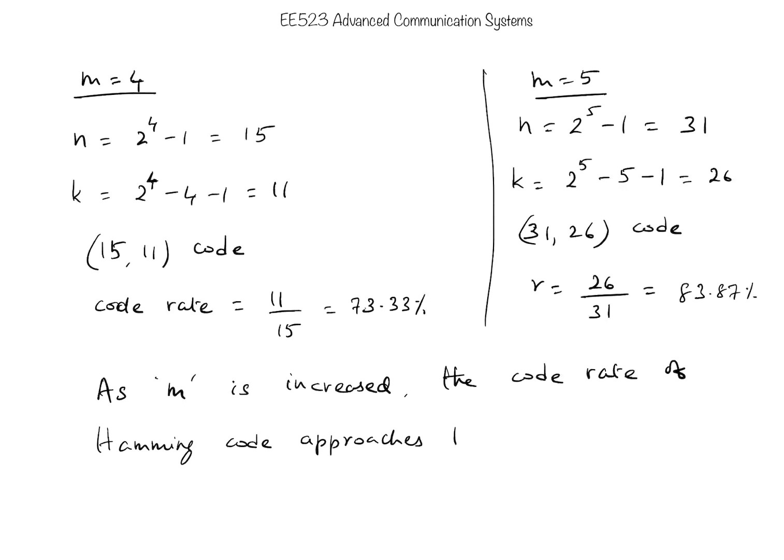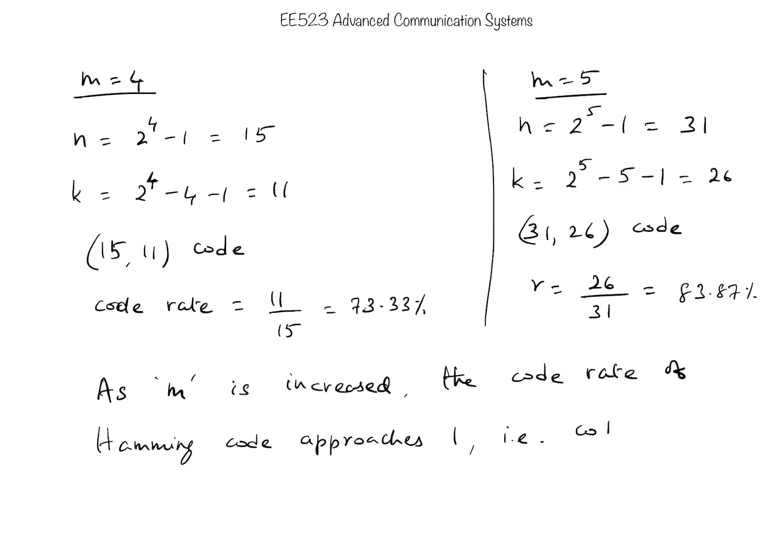But again, that has two consequences. If you keep on increasing the block length, that means you are making the code more and more complex in terms of the computations. Okay, so as the value of m is increased, the code rate approaches 1.